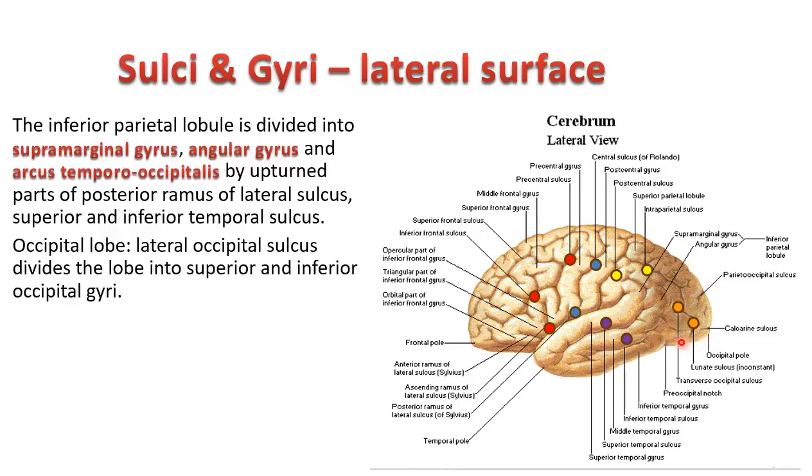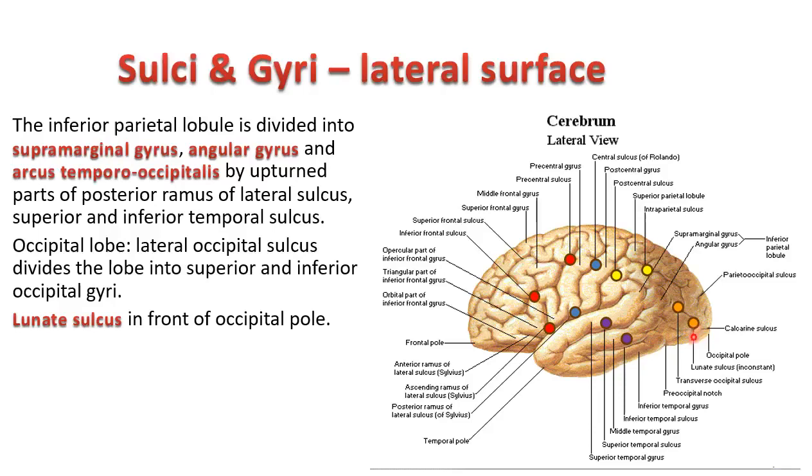Mainly, it is a bit difficult to identify most of the sulci except the parieto-occipital sulcus, which you are able to see here. Mainly the parieto-occipital sulcus, and then you see the lateral occipital sulcus. In front of the occipital pole you see the lunate sulcus, a somewhat moon-shaped, very small sulcus.